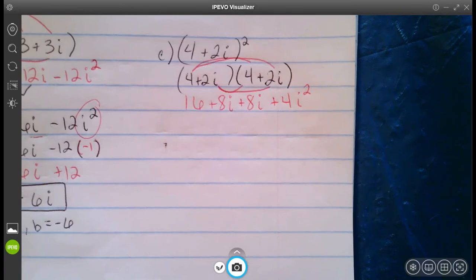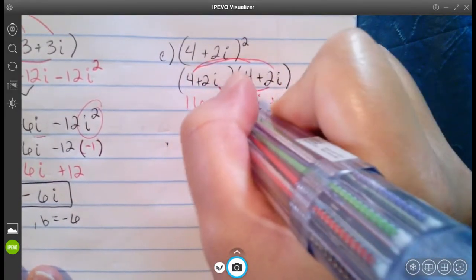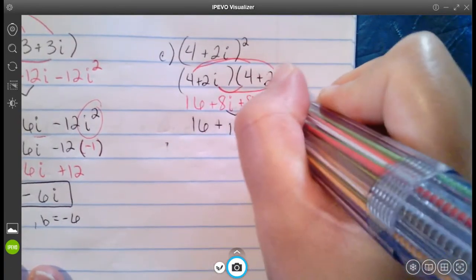Okay, let's go ahead and combine. So we have 16 plus these two together is 16i plus 4i squared.